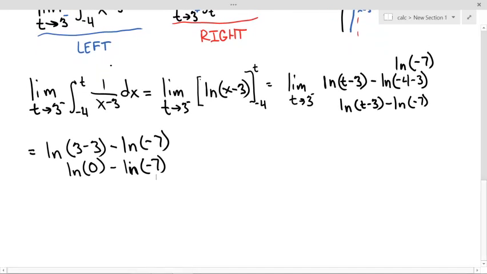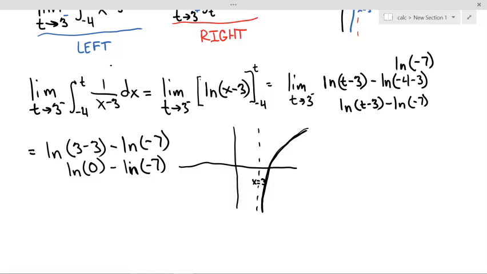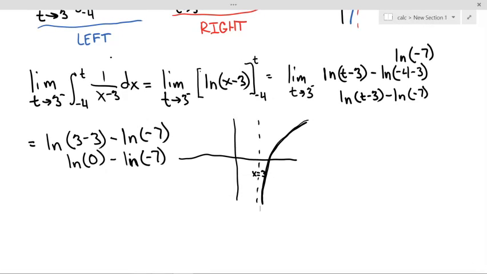If we look at the function of the natural log of x minus 3, this is x equals 3 here, and that function would look something like this. If you know anything about exponential and logarithmic functions, they can never equal a 0 value. Especially coming from the left side, there's nothing on the left side of x equals 3.